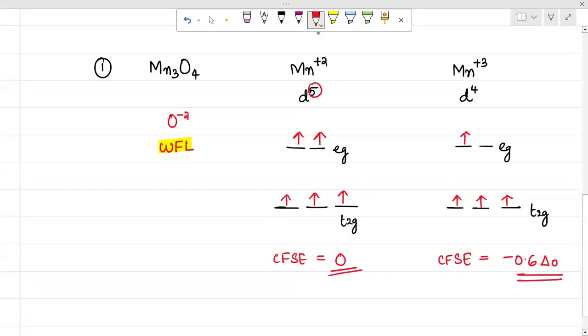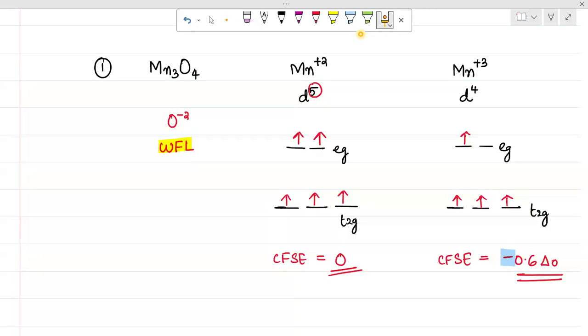So what do you understand from this? I already told you in the previous sessions that minus denotes stabilization. So when you put Mn+2 in octahedral geometry, your CFSE is 0. But when you put Mn+3 in octahedral geometry, it is -0.6 delta O, meaning it is more stabilized.